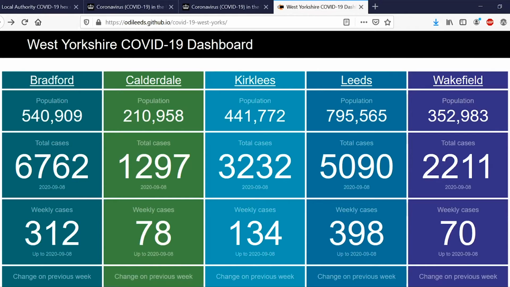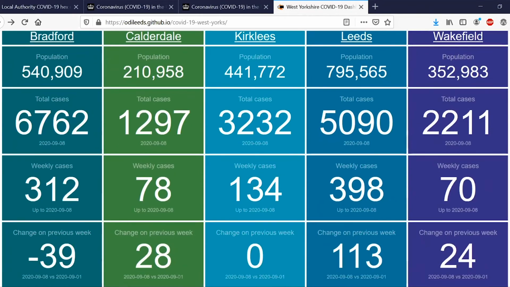But when it's working, like there, this is a few minutes ago, you can see their latest data. So we're showing the total cases by local authority. It's basically making 5 requests, 1 for each local authority. It gives you the dates when that data was true, because you can't rely on it always being today or even necessarily yesterday.